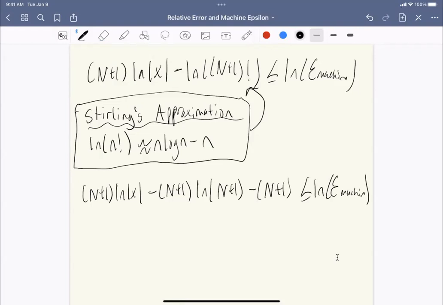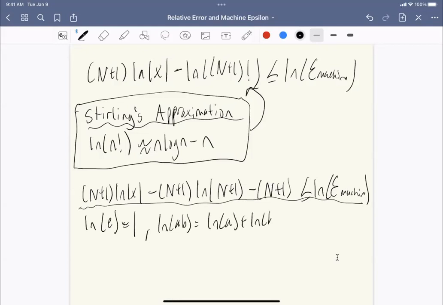So now we're going to note that we have ln of e is equal to 1. This is going to seem very odd that I'm doing all this. We have ln of e is 1, right? We also know that ln of ab is equal to ln of a plus ln of b by the properties of logarithms.